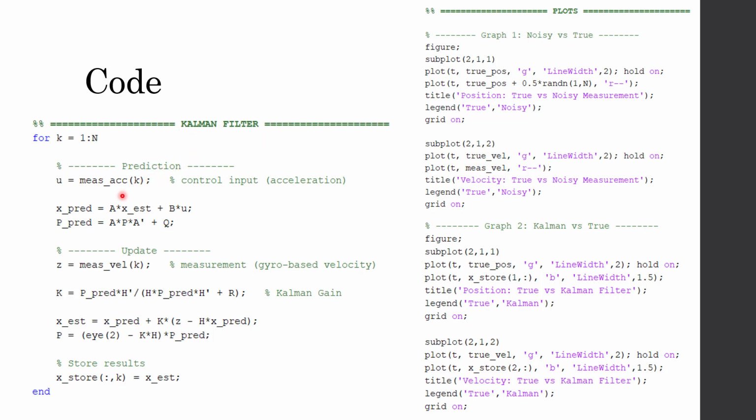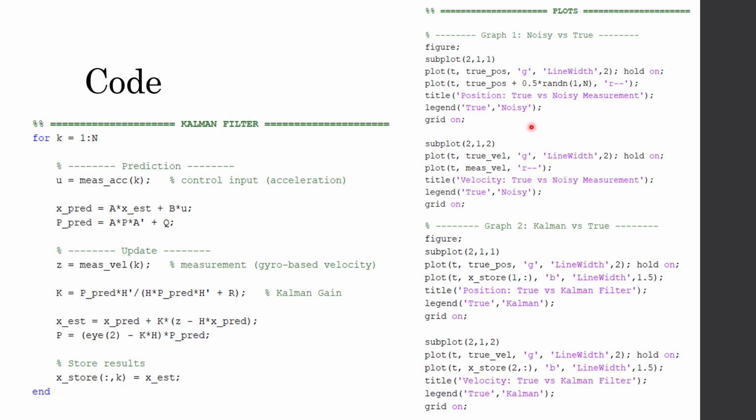As the acceleration is the input to the system, this is equal to U, and then using the Kalman equations, we predict the state variable, then the covariance matrix, and finally I have estimated X, and then it is plotted over here.